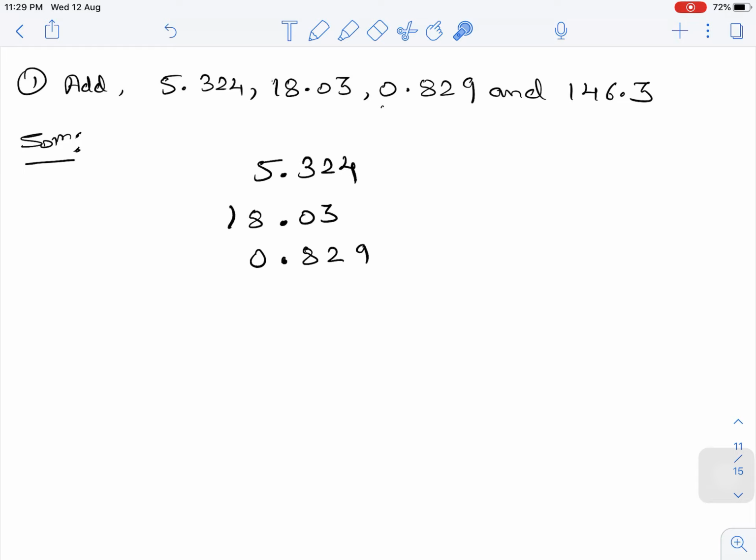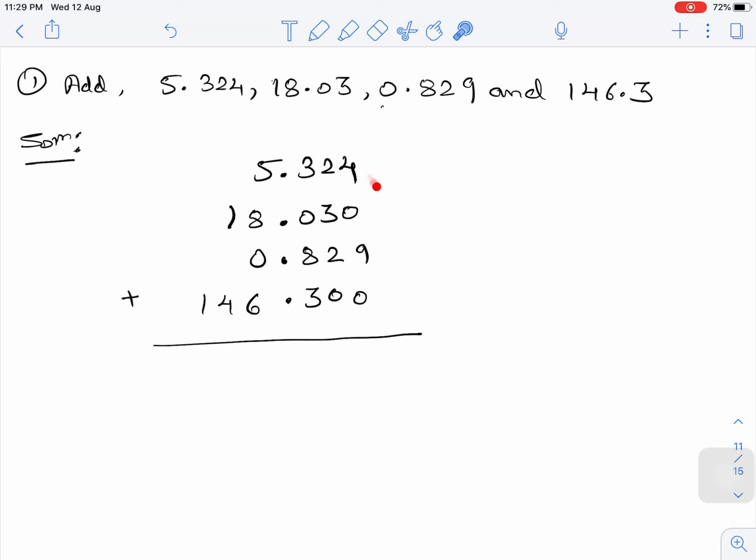And the last number is 146.3, again the same condition, decimal below decimal. Now these are all unlike decimals, so we make them like by adding zeros. Now the decimal part is totally the same, so these are like numbers. Now we can add them easily.